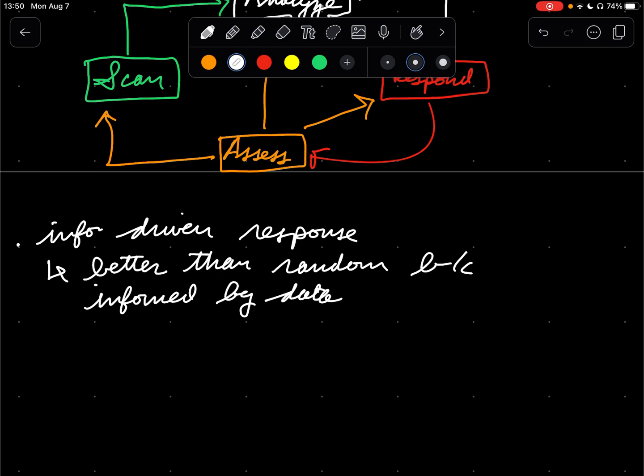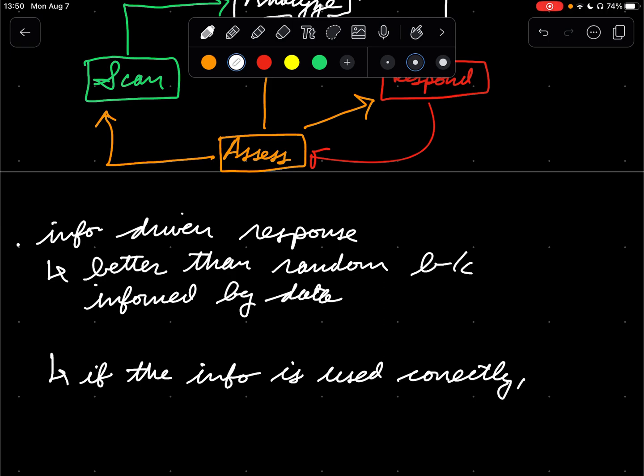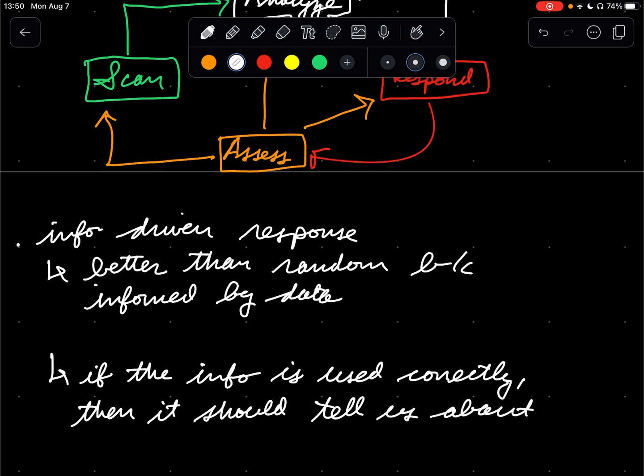So it's a data-driven process that, if the information is used correctly, should tell us about a good pattern.